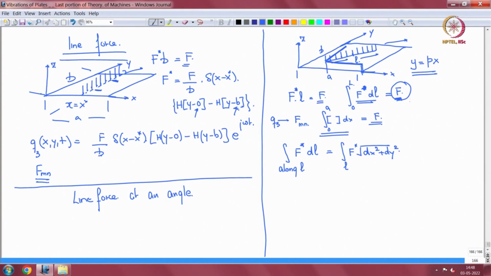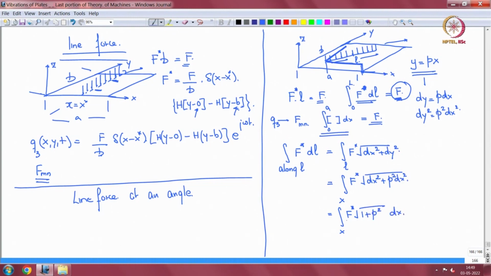Now dy is equal to p dx. So dy square is equal to p square dx square. Now I am going to integrate along x F star square root of dx square plus p square dx square, which is integral along x F star square root of 1 plus p square dx.